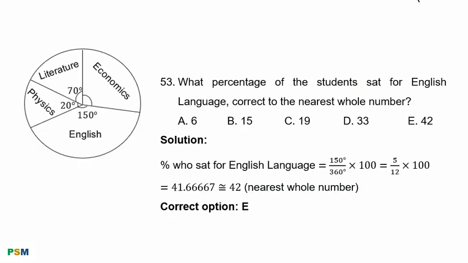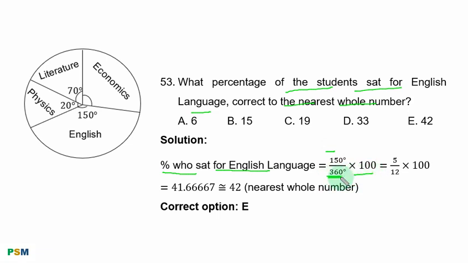Question 53. What percentage of the students sat for English language correct to the nearest whole number? Solution. Percentage who sat for English language is equal to the sectorial angle for English language, 150 degrees over total angles times 100.